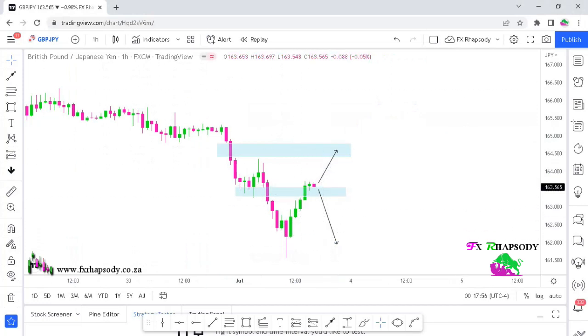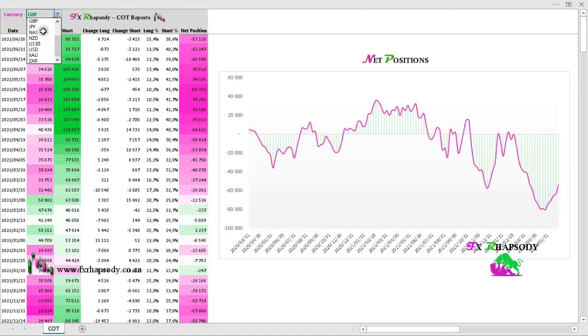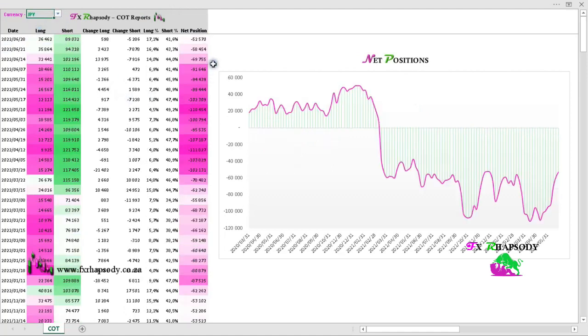But if we look at the Japanese yen, we can see that the Japanese yen is getting stronger and stronger. It went from, let's call it, negative 110,000 net positions, and now it's sitting on negative 52,000. So lots of longs being opened in the market, a lot of shorts being closed.